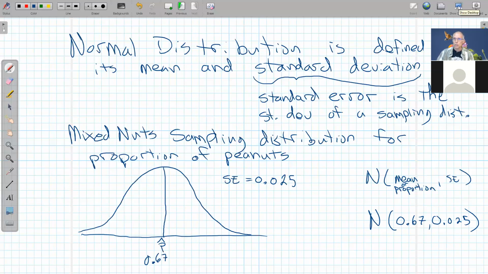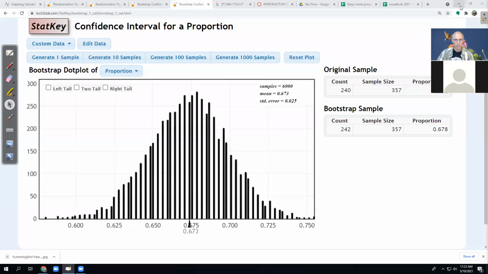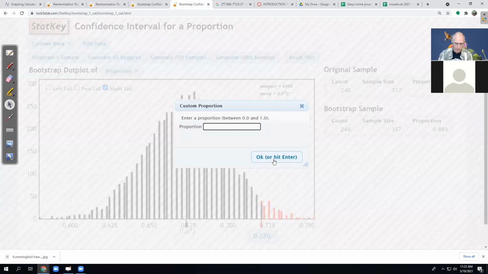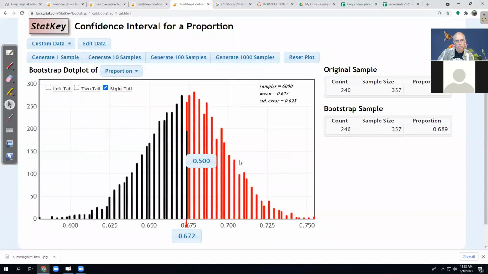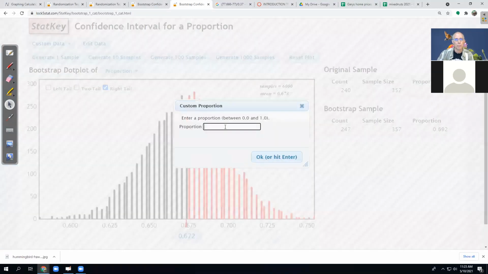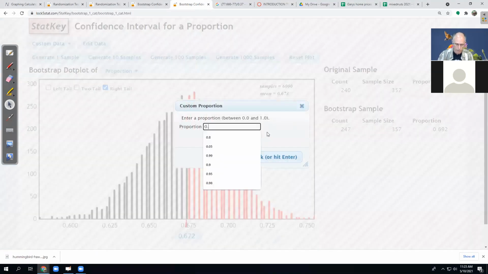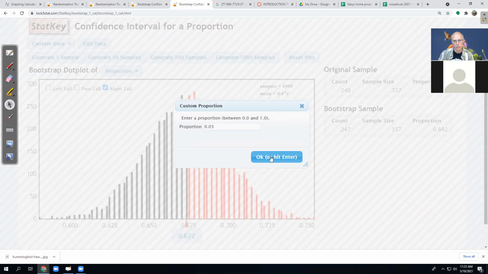So over here, I can use StatKey's ability to do right tails and left tails. If I put, say, 5% in the upper tail, oops, not 50%, 5%, please. Yeah, 0.05, there we go.